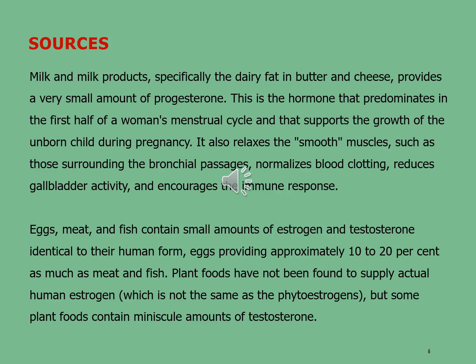Plant foods have not been found to supply actual human estrogens, which is not the same as the phytoestrogens. Phytoestrogens are those which are isolated and derived from the plants. But some plant foods contain minuscule amounts of testosterone, that is, the natural hormone sources.